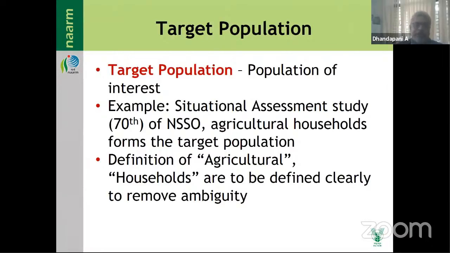So once this is my target population, I need to know what you mean by agricultural and what you mean by a household. For example, NSSO uses this: somebody staying in, let us say, a hostel or a guest house, can you call them a household? You cannot call them a household.